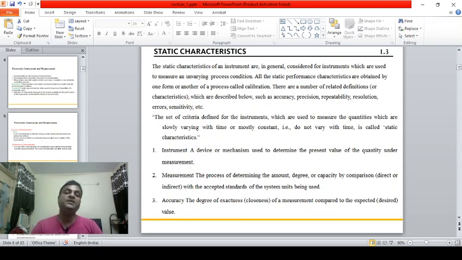Then what is measurement? The process of determining the amount, degree or capacity by comparison, direct or indirect, with the accepted standard of the system of units being used.